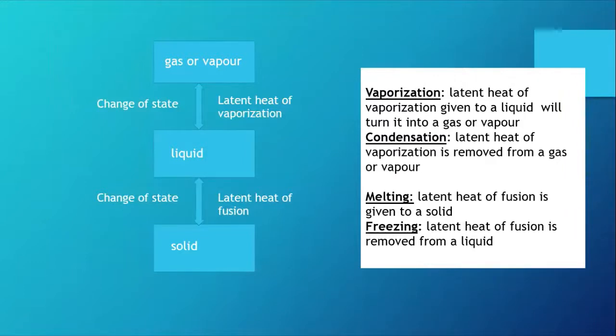Now, let's look generally at this process. Starting at the bottom, in moving from a solid to a liquid, we've got a change of state, melting. In going in the reverse process, from a liquid to a solid, we've got freezing.